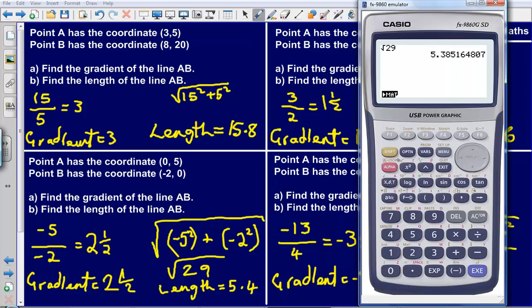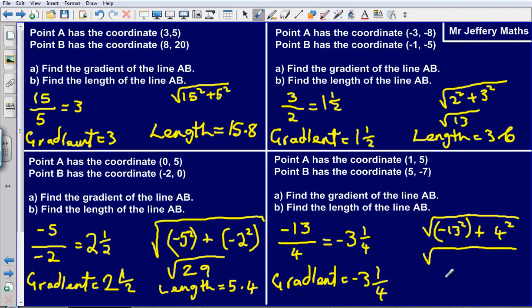So the square root of 185, and that gives us an answer of 13.6. So the length is going to be 13.6.